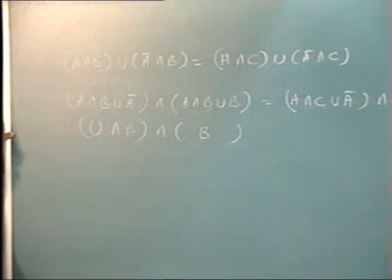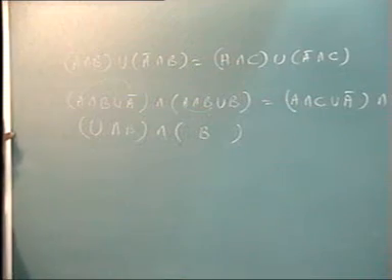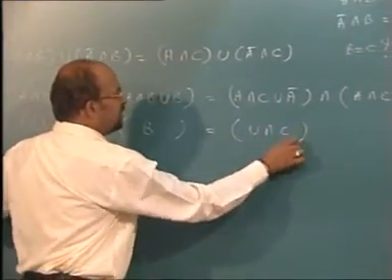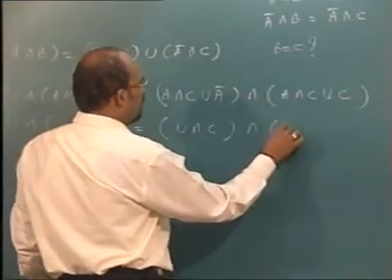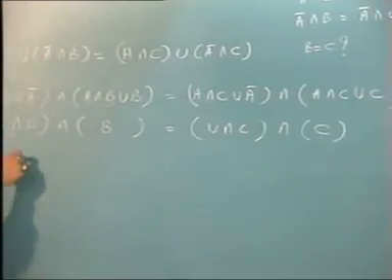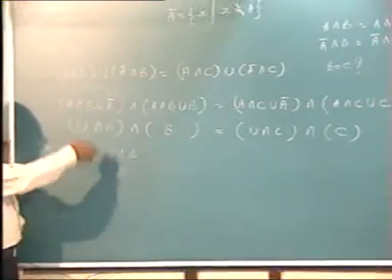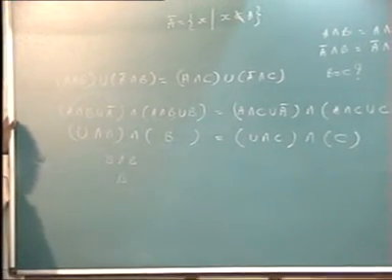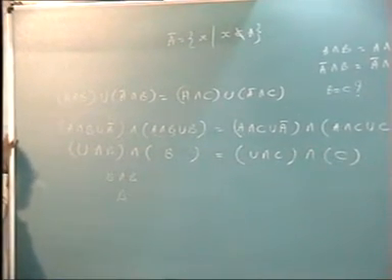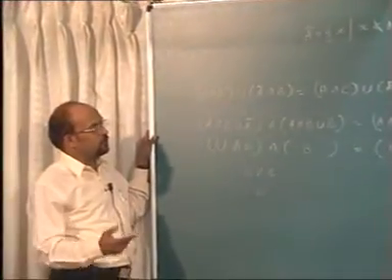B equal to C. Same thing here also: you will get U intersection C, intersection with C. U intersection B is B. B intersection B is B. You get B equal to C. Of course, we had two earlier ways also, but whichever way you proceed.